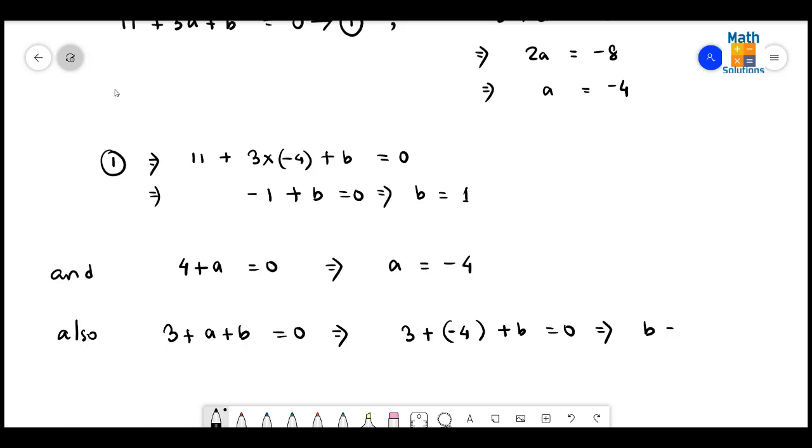This further implies B is equal to 1. So finally, we get A is equal to minus 4 and B is equal to 1, and this is the required answer.